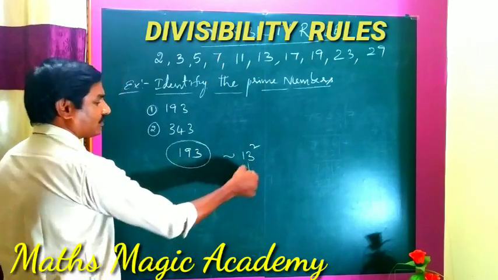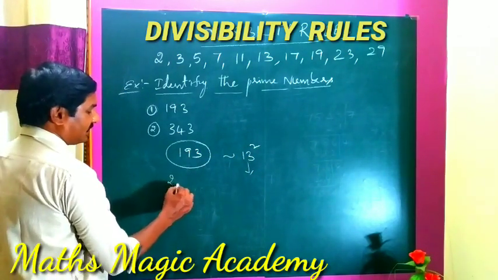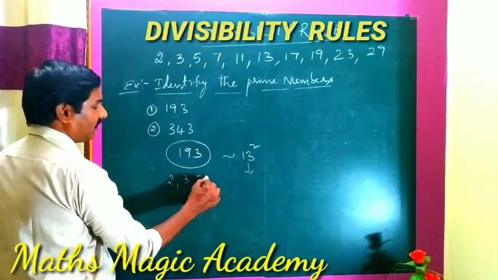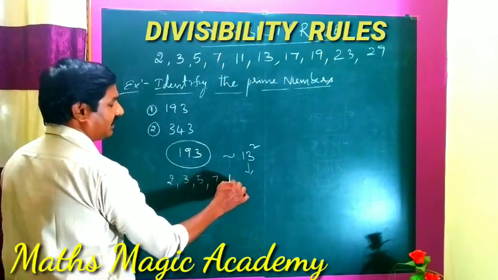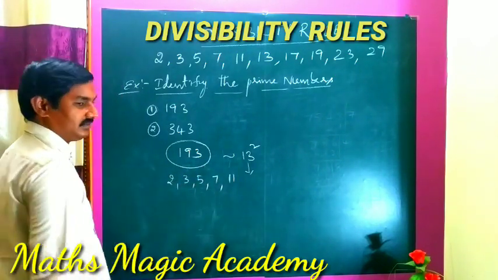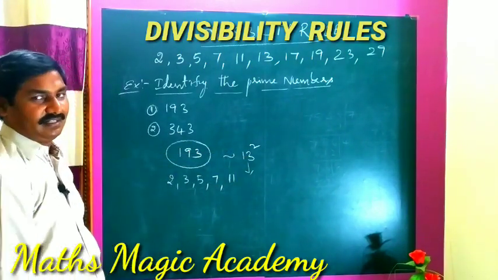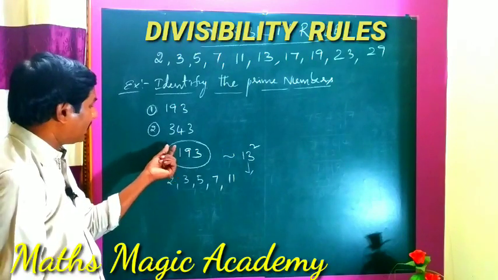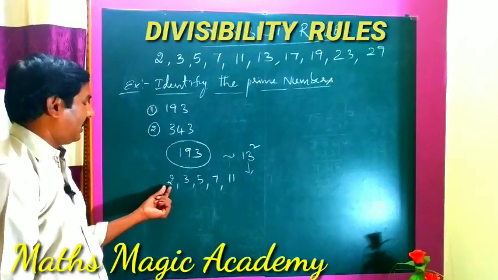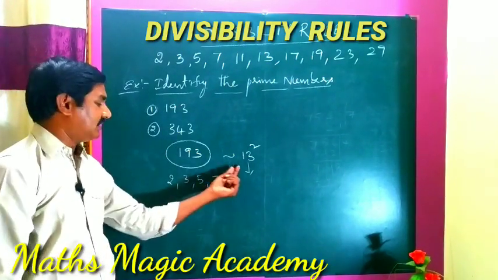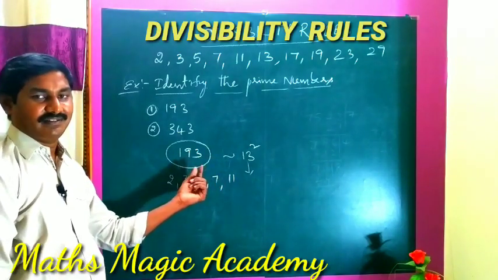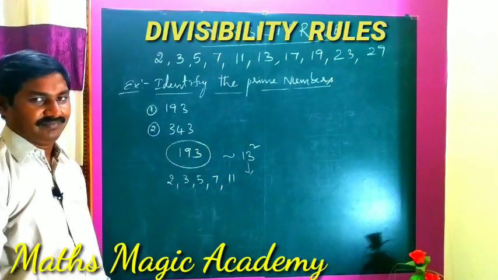Before 13, the primes are 2, 3, 5, 7, 11. These are all the primes before 13. If 193 is divisible by any one of these primes, then it is not a prime.